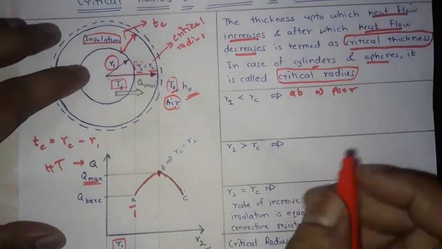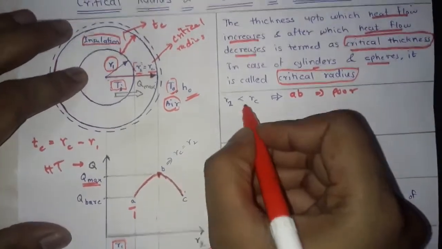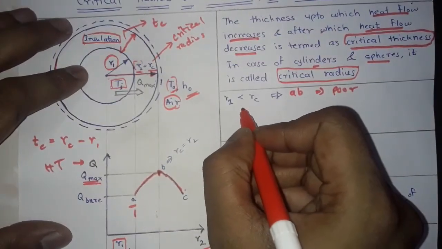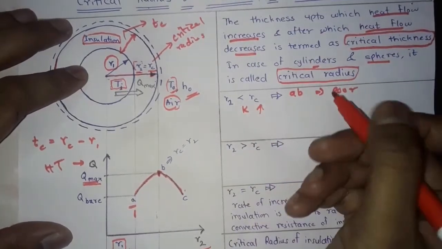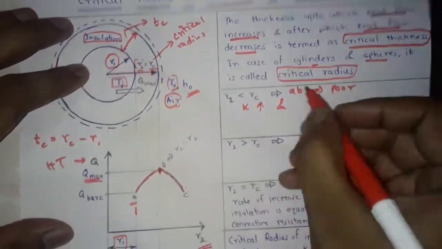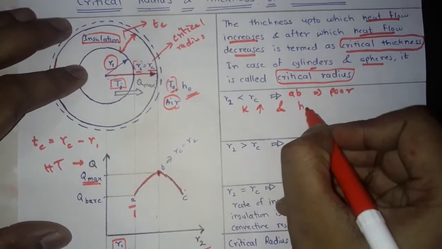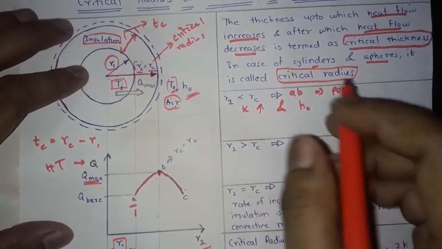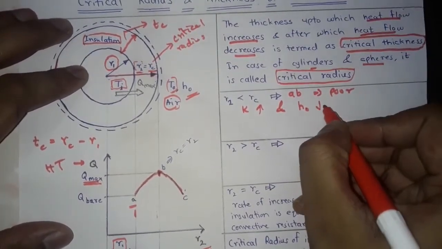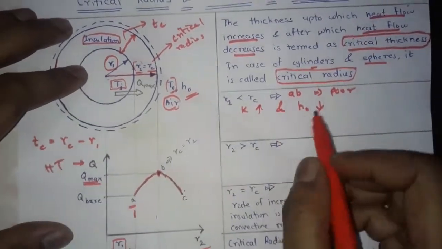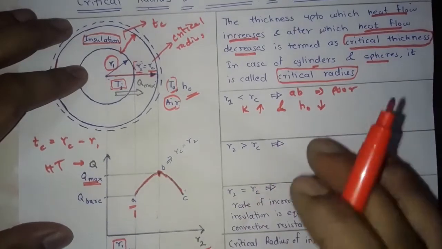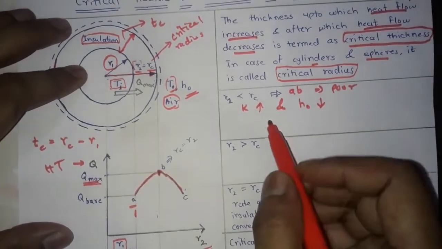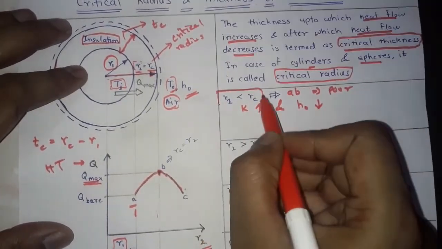Here thermal conductivity K is high, and Ho, the convective heat transfer coefficient, is low, because the surface area for convective heat transfer is less in this case.